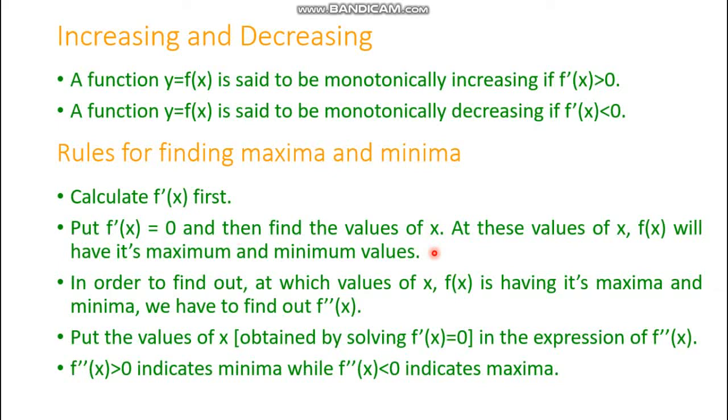How would you know which one? We have to differentiate f dash x again. That means double differentiation of f(x), and if the double differentiation value is greater than 0, then it is a minimum, and if it is less than 0, then it is a maximum. This way we can calculate the maxima and minima.